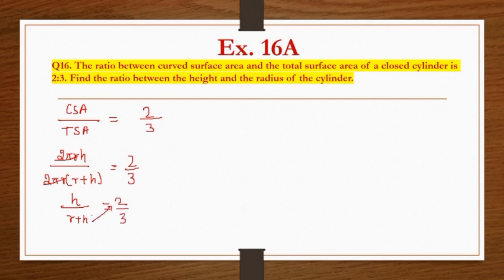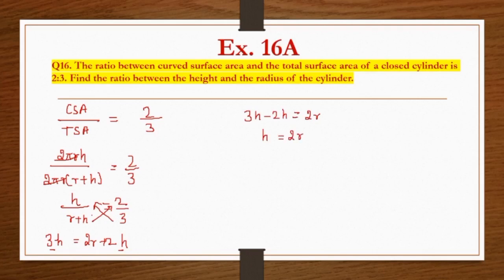So we got 3H is equal to 2R plus 2H. Now here we have H, here we have H. Shift this H to the other side. So 3H minus 2H is equal to 2R. Now solve this. So we got H equals 2R.